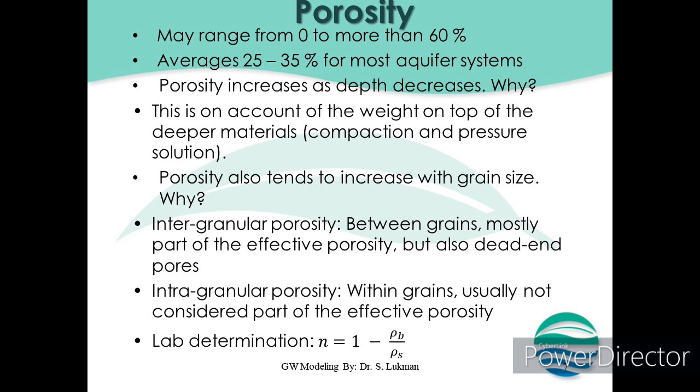Then we have the intergranular porosity, which is the porosity between grains, mostly part of the effective porosity, but also dead end pores. The intergranular porosity also includes what is called dead end.